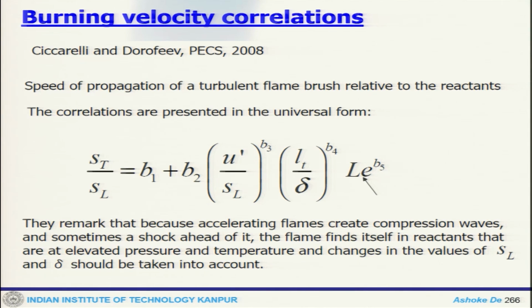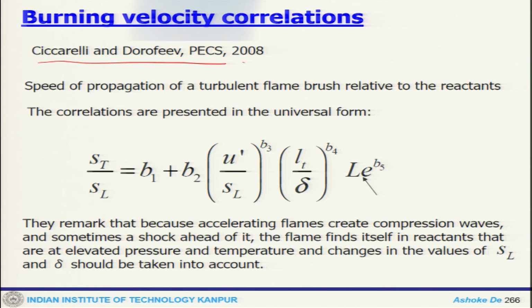And for more details on these burning velocities, one can find a review paper in Progress in Energy and Combustion Science, which typically publishes review papers on that particular field, where you can see a comparison or collection of different correlations, with all their advantages and disadvantages.